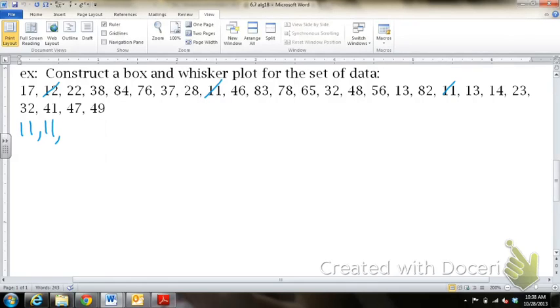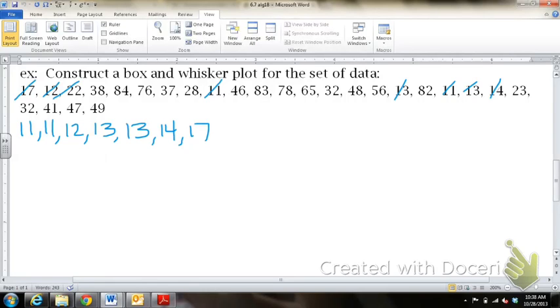And then I have a 12, 13, 14, 17, okay, oh, I missed a 13. 13, 14, and 17. Okay, now move on to the 20s.